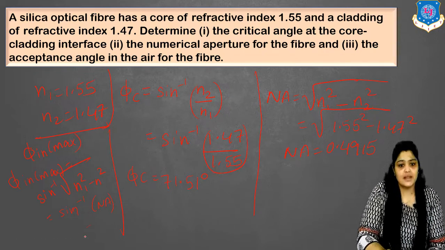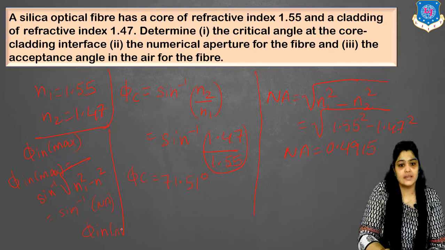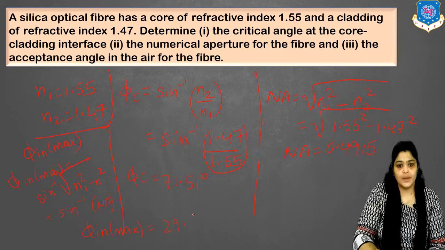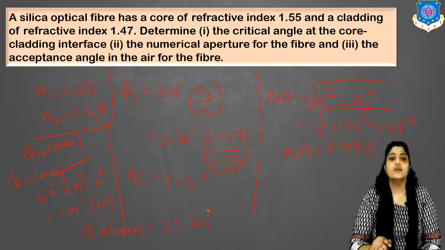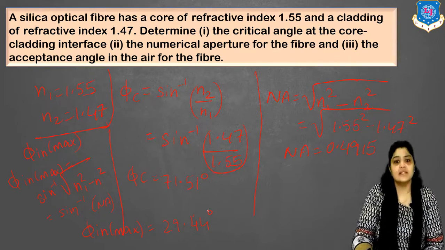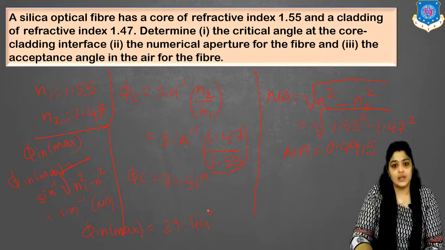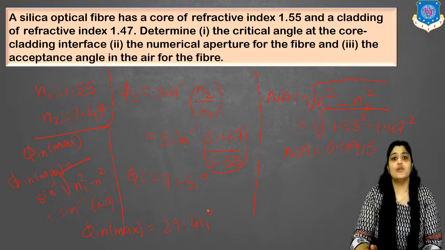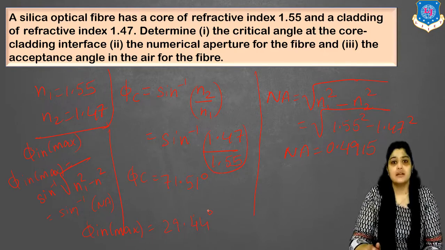So this gives me the answer of phi in max as 29.44 degrees. So this is how we calculated the three different values: numerical aperture, critical angle and acceptance angle.